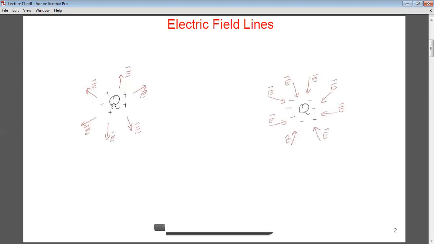We agreed that if we put a charge somewhere in space, it will create around it an electric field. How do we draw these electric field lines? These in red are electric field lines.